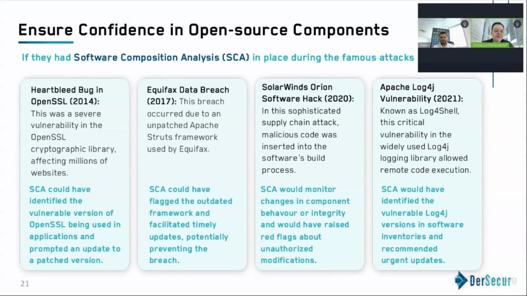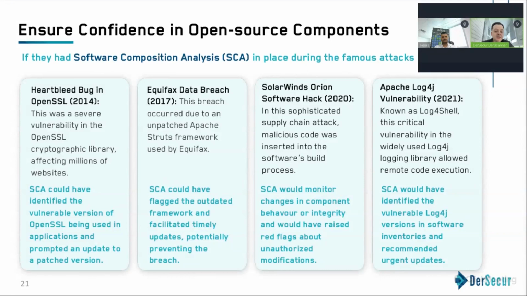And I know that you're pretty familiar with attacks that have been around for a while, like Heartbleed, Equifax, SolarWinds, Apache Log4j. And if those companies had had software composition analysis at that time, they could have avoided such attacks, because all of those are associated with issues in open source components.